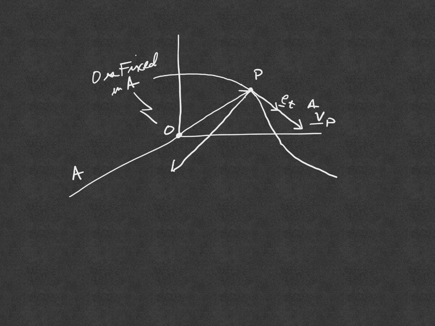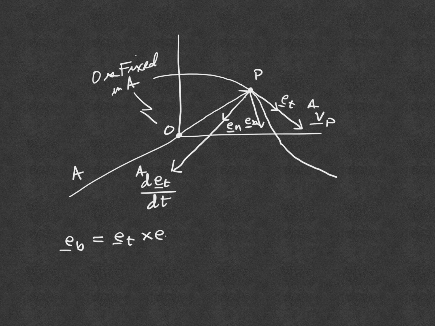This direction is det dt in A, and the unit vector along that direction is the vector I'm going to call E sub n, which is what I just defined. And then I define the vector EB, which is ET crossed with EN. So if I take ET and I cross it with EN, I get this vector right here, which is E sub B.